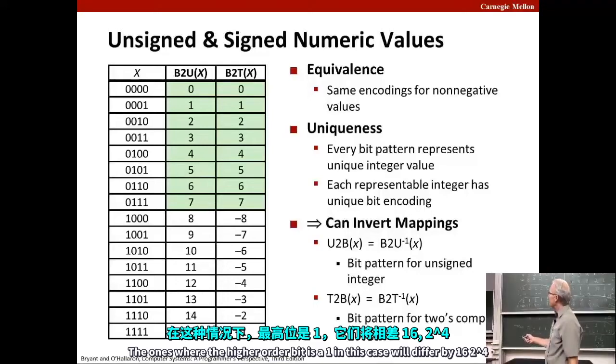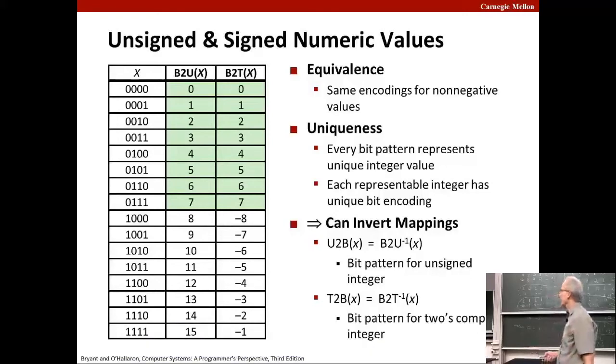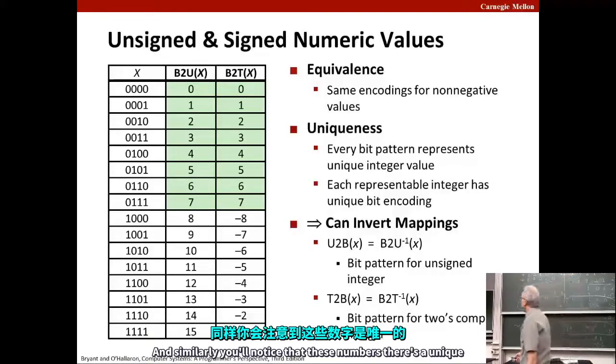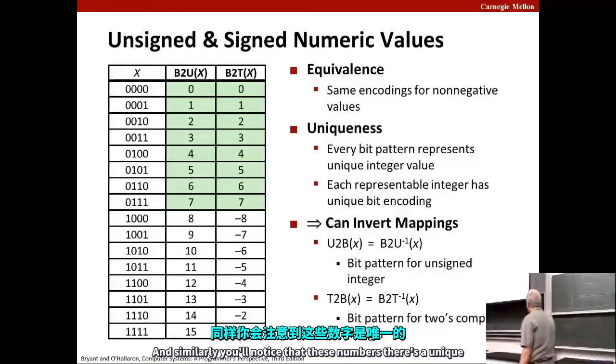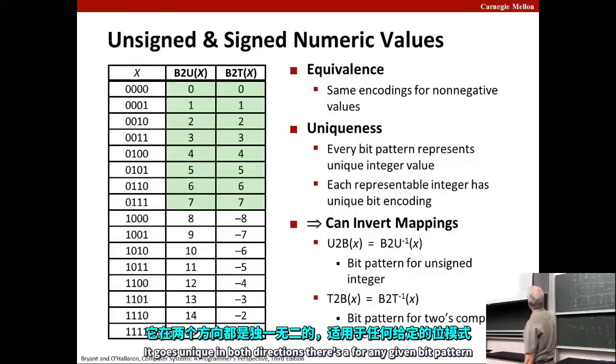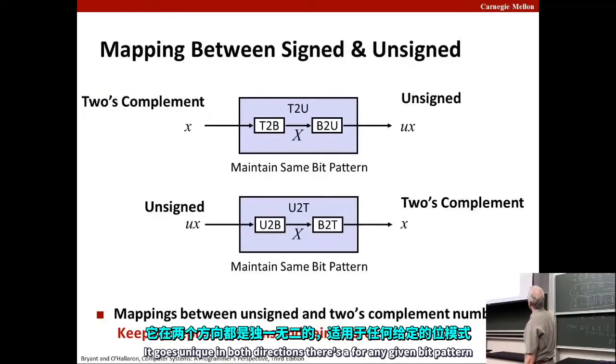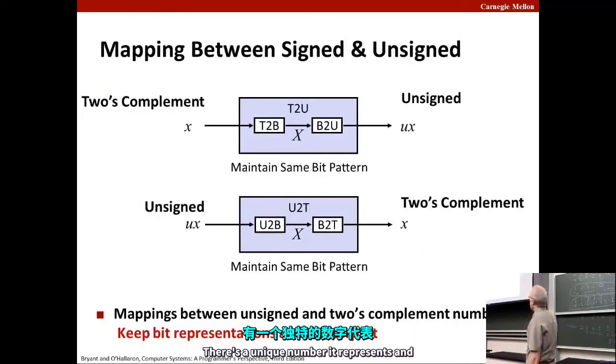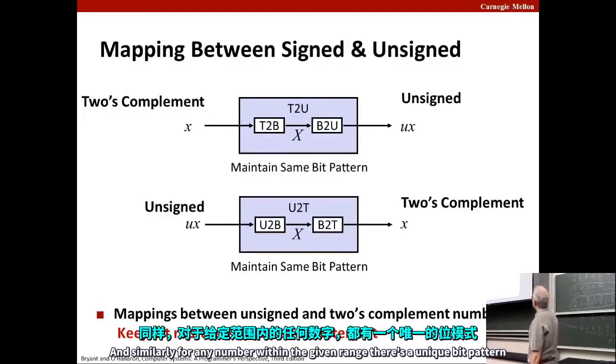The ones where the higher order bit is a 1 will differ by 16, 2 to the 4th. And similarly, you'll notice that it goes unique in both directions. For any given bit pattern, there's a unique number it represents. And similarly, for any number within the given range, there's a unique bit pattern.